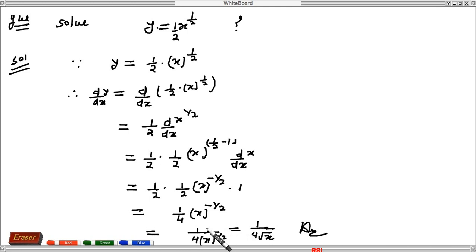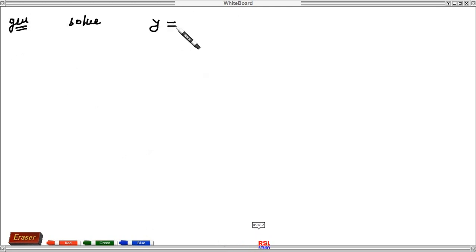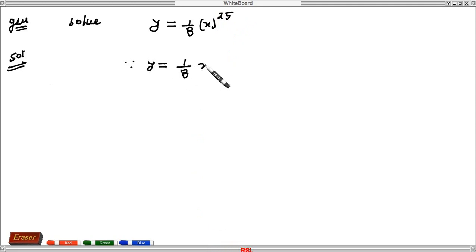Now proceed to the next question related to differentiation. The question is: 1 by 8 into x raised to power 25. Firstly we will rewrite the question and differentiate with respect to x, because this is a function of x.